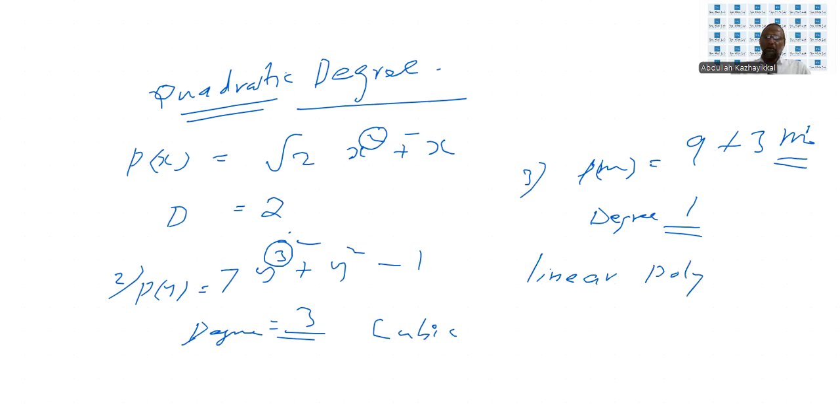See, line, because these all are lines. Linear equation also you study, that is one line only. So all of you tell me, linear polynomial. Second is quadratic polynomial. Third is cubic polynomial.